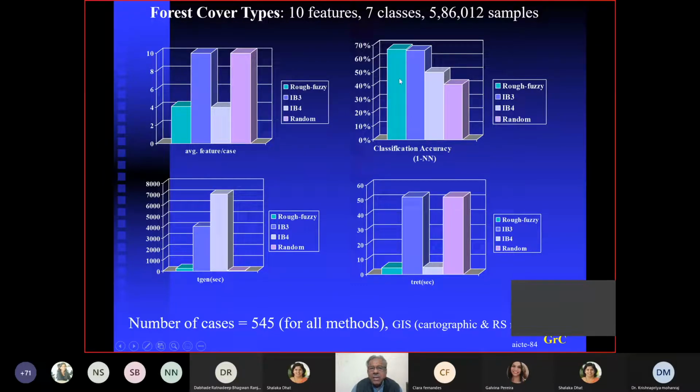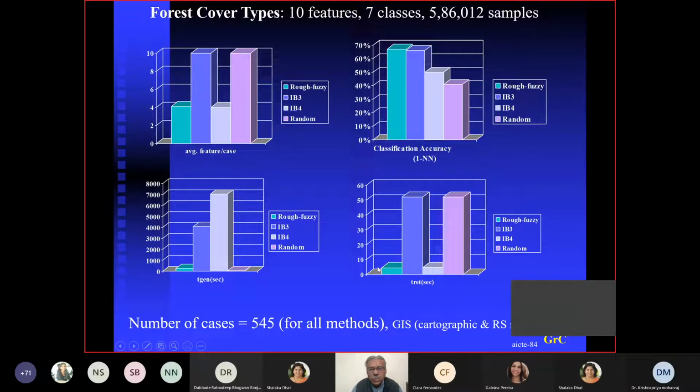The 1NN classification accuracy is still larger than this one. Similarly, generation time here is almost zero. Since on an average you need only about 4 features out of 10, the retrieval time is the same.